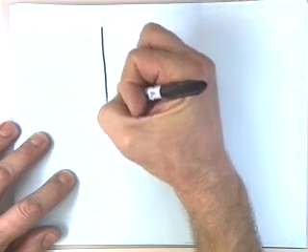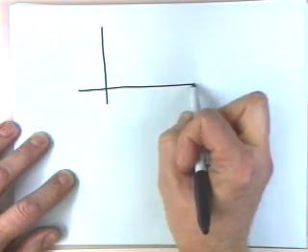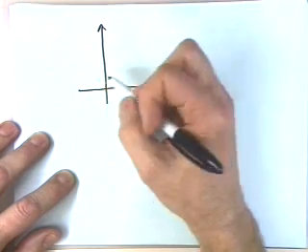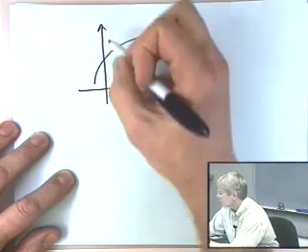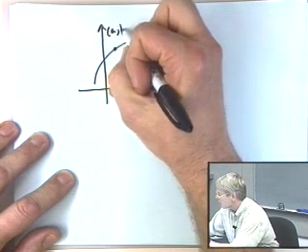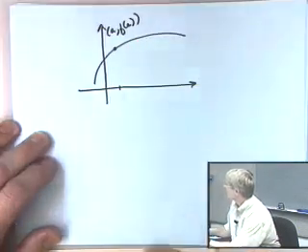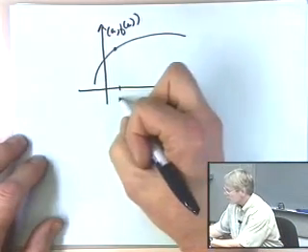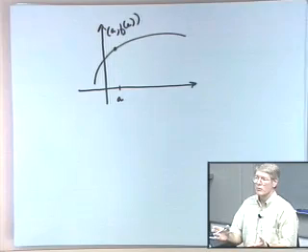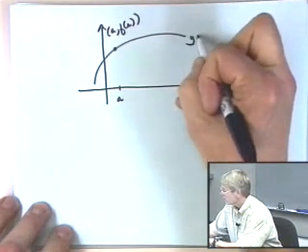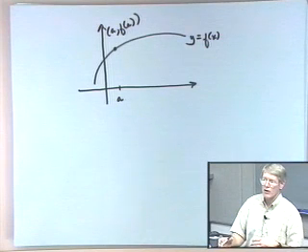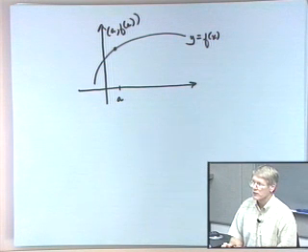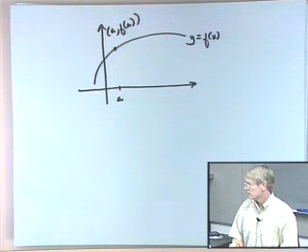Let's start with a picture. The first point I want to go to is on some y equals f of x. It could be anything: sine graph, cosine, arctangent, parabola, whatever, some function.